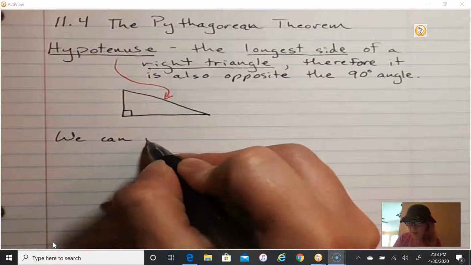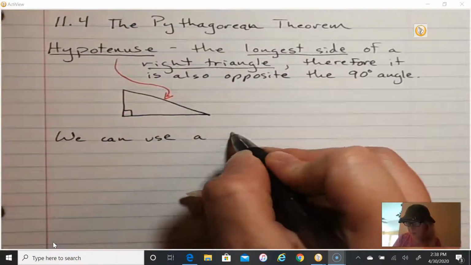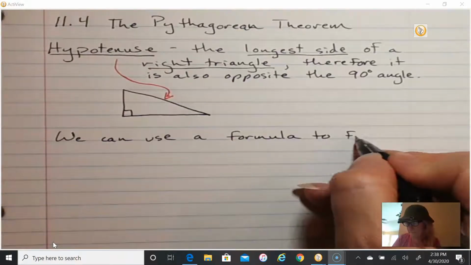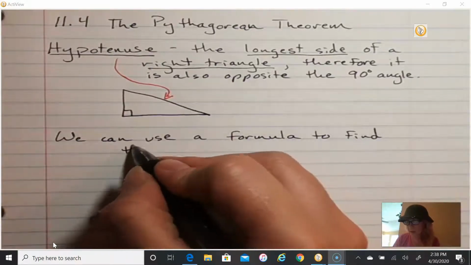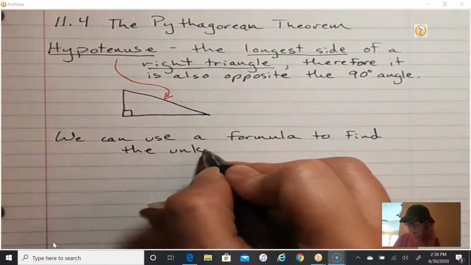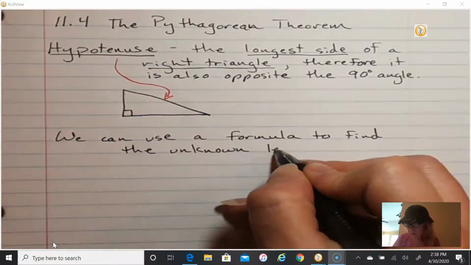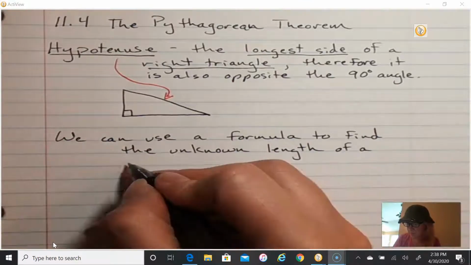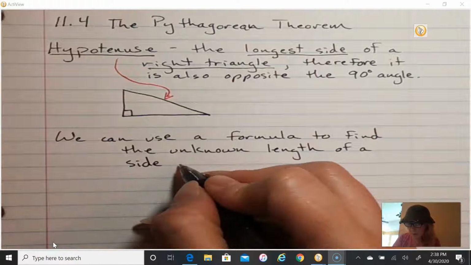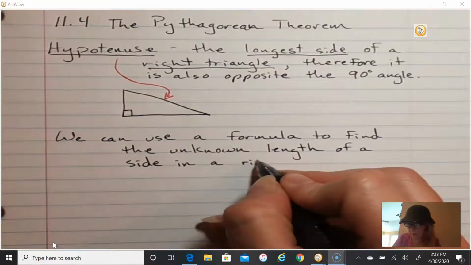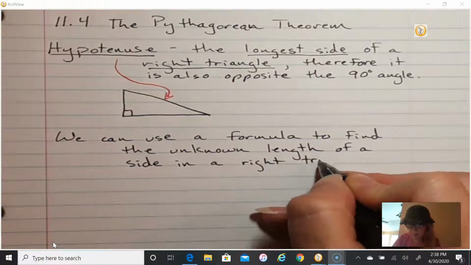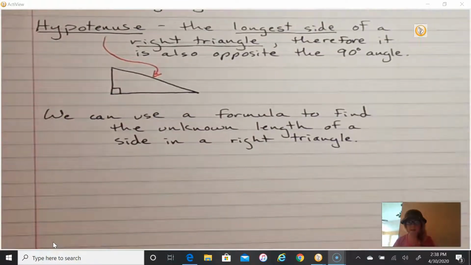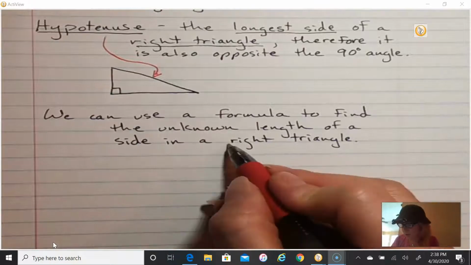We can use a formula to find the unknown length of a side in a right triangle. Hence the word right triangle.